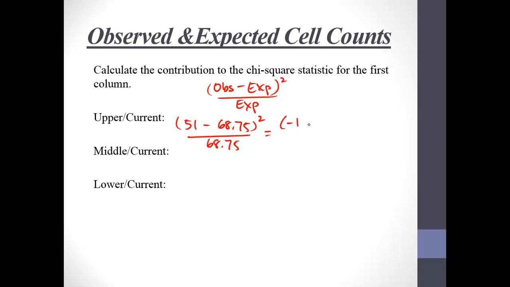So that's negative 17.75 squared over 68.75, and that's going to be 4.58.